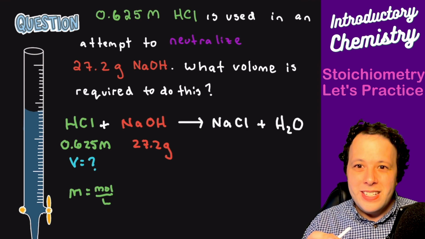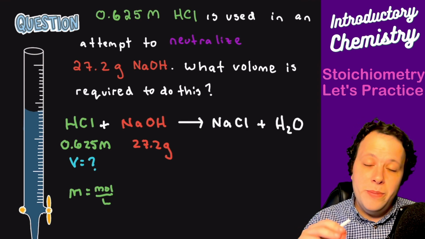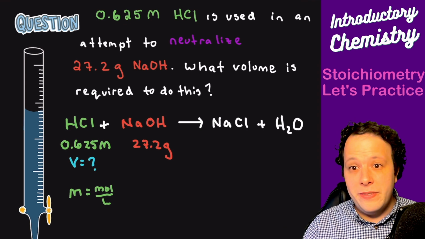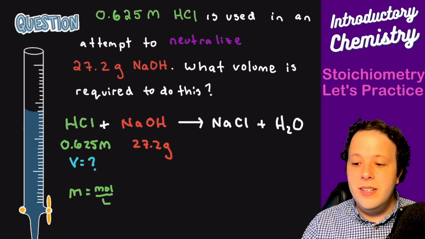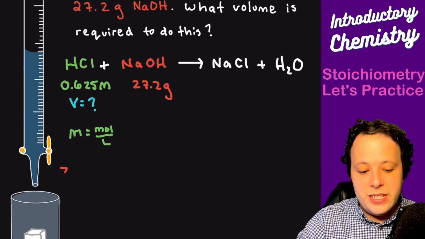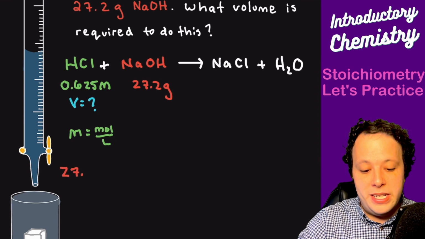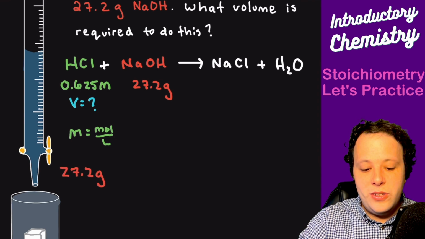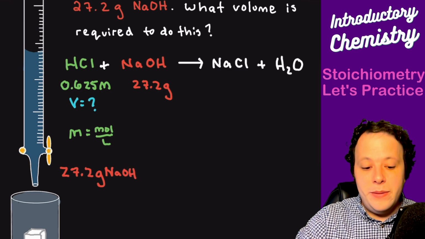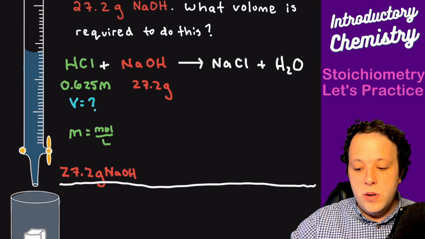The other thing to say is that with molarity, you need both the volume and the molarity to start with that value. We don't have the volume, so you cannot start with that. So we're going to start with molar mass and convert mass to moles using molar mass. We have 27.2 grams of NaOH. We are going to divide it by the molar mass to convert to moles.